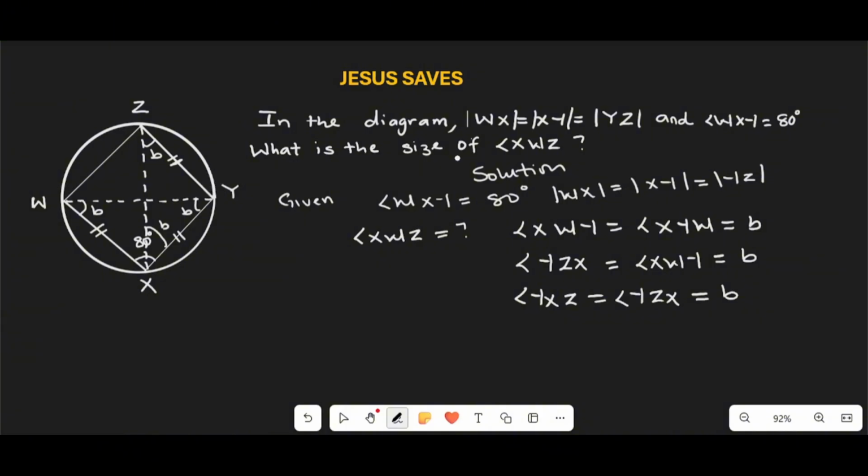So we can say angle YXZ equal to angle ZWY, which is equal to B, because our angle YXZ is also equal to B. So this angle equal to B. So now let us consider triangle WXY.